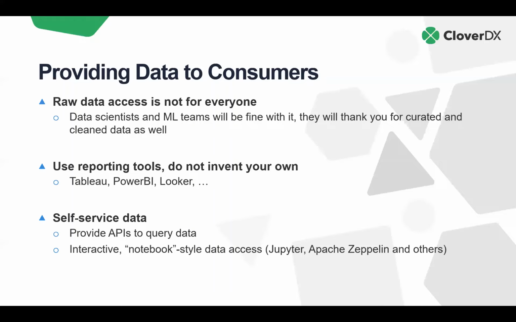And data scientists and machine learning teams, they will be fine with it, especially if the data is nicely laid out and easy to find. But your usual business users do not want to do that, right? They want to get their reports usually regularly or at the push of a button whenever they want.